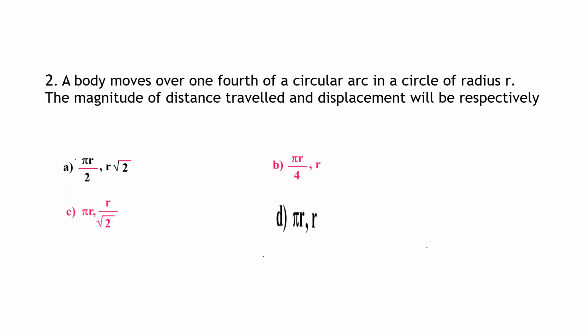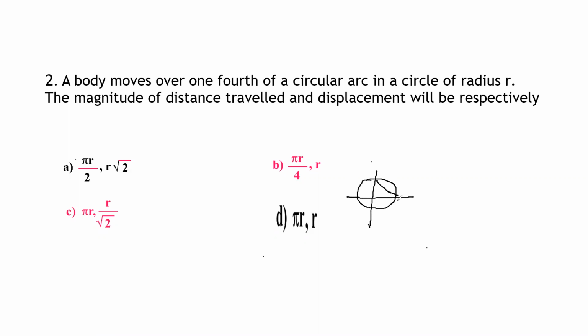How can we calculate? What they have said is a body moves 1/4 of a circular arc. Just for your understanding, we can draw one diagram here. If you assume this as a circular path, this is one circular arc they have said.